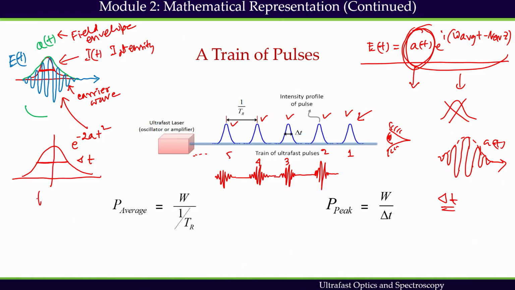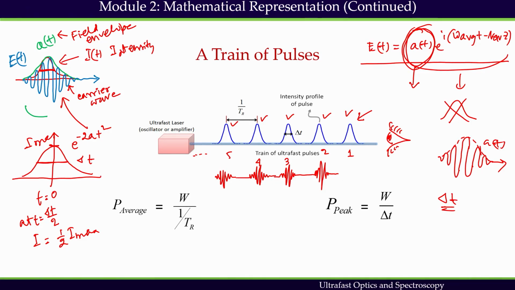We remember that this is centered at t equals 0, which means that at t equals delta t by 2, the intensity will drop down to half of its maximum value. Maximum value is here, I max. So delta t is related to the full width half max of the intensity profile, not of the field envelope profile.